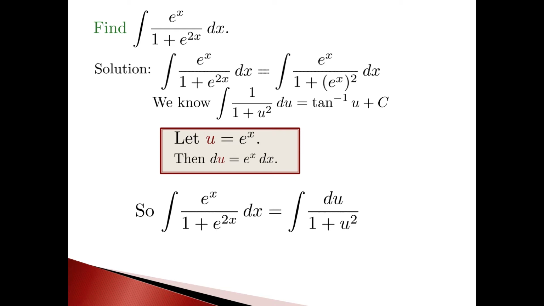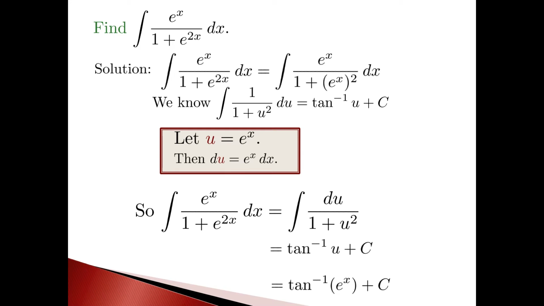So the 1 plus e to the x squared in the denominator becomes 1 plus u squared. The e to the x and the dx that were in the top become my du. And then I've got 1 over 1 plus u squared to integrate. That gives me an inverse tangent of u plus c, of course, because I've integrated.